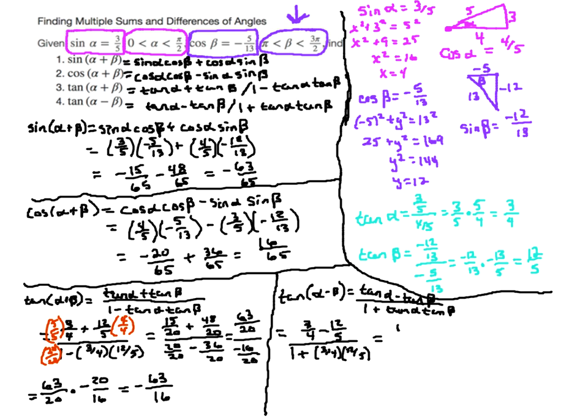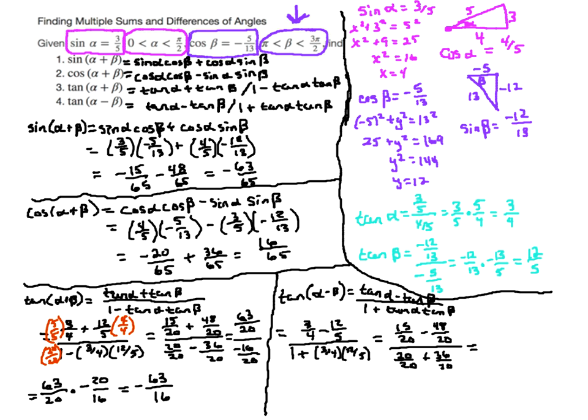I'm just going to say this is the same thing as 15/20 minus 48/20 divided by 20/20 plus 36/20.